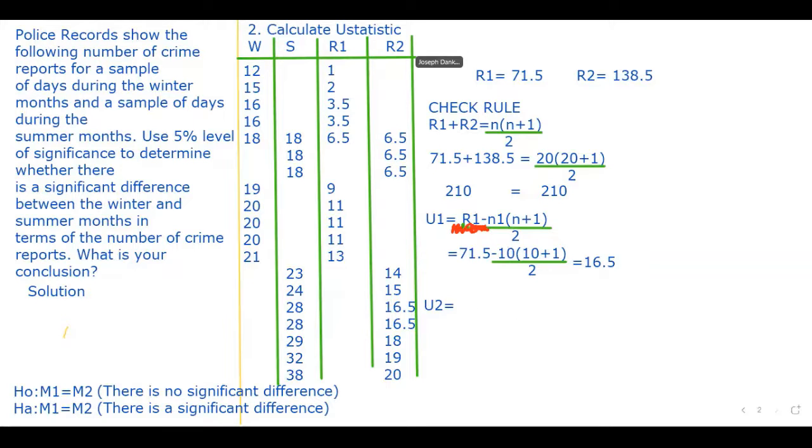Yes, so sorry that line crossed to the R1. So this one is to be R2, which is 138.5. Do that one for me and tell me the answer.